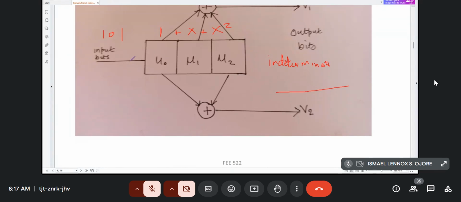But it's not that you find the output when you put in 1, followed by the output when you put in 0.